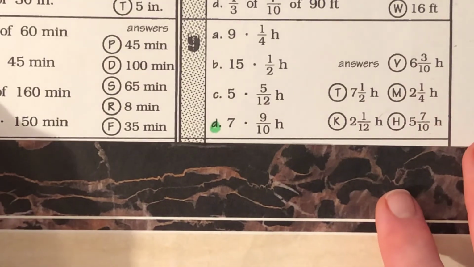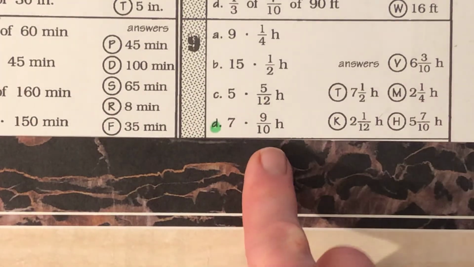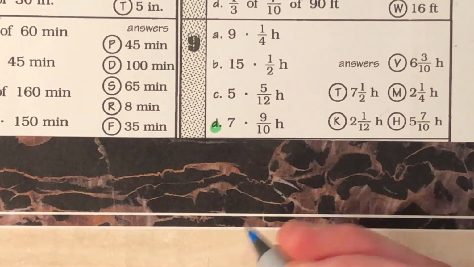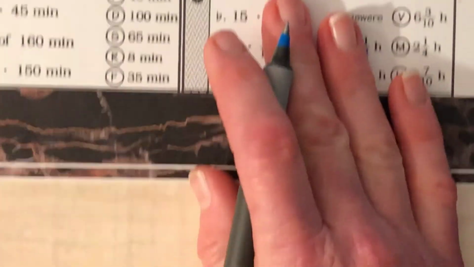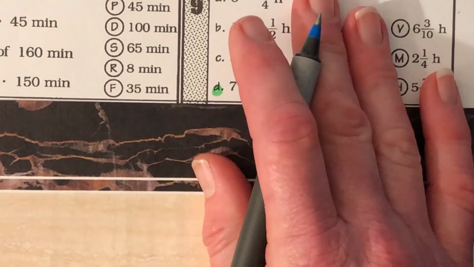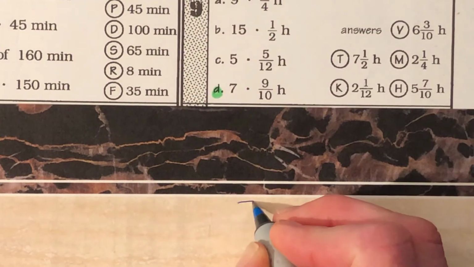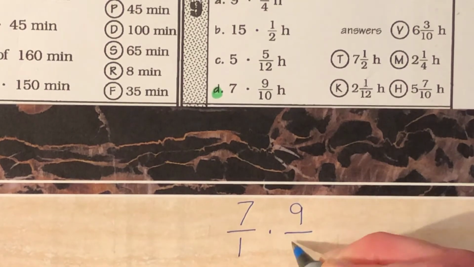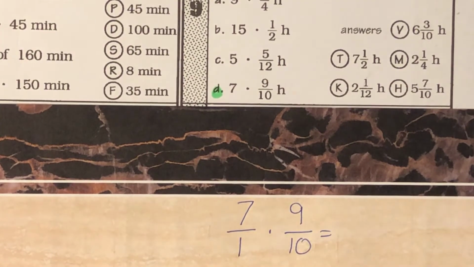I have 7 times 9/10 height. That would be written as 7 over 1 times 9 over 10. I cannot cross reduce.